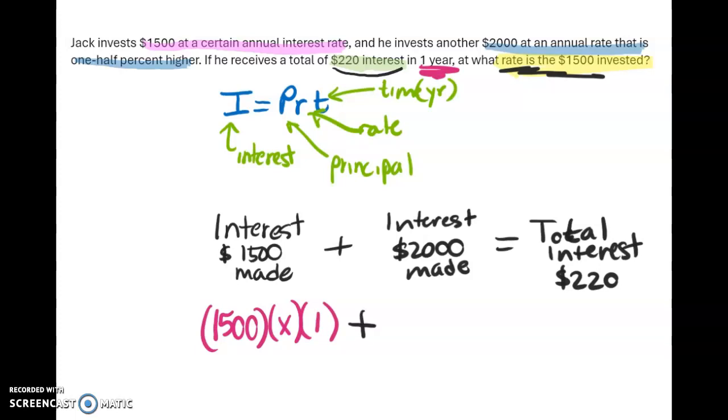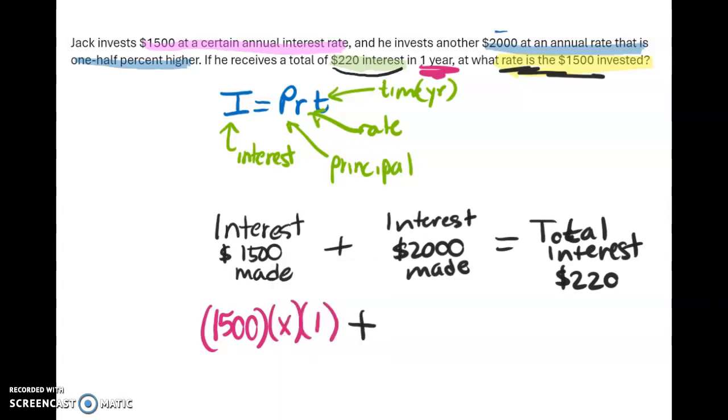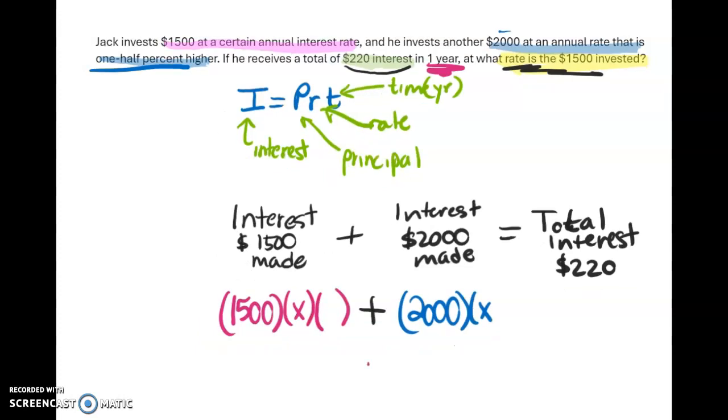And then I'm going to add it to the $2,000 interest made. So I have to take the principal there, which is 2,000, multiply it by the rate, which would be X plus 1/2% higher, which when you're talking about a percentage, let's come up with a number.